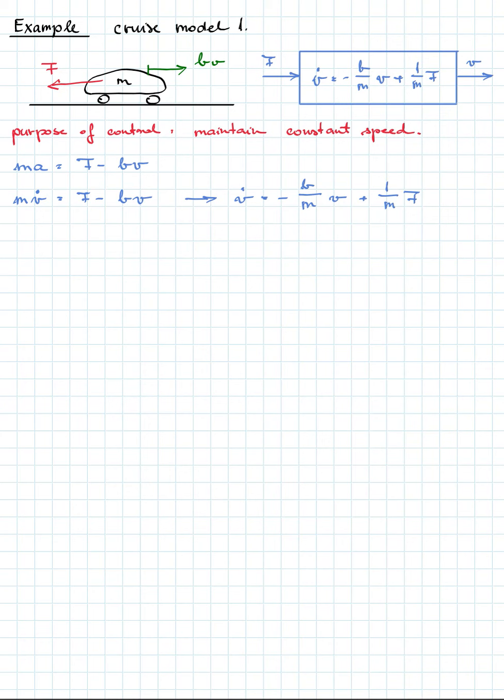At this point, the force F we are going to call the input, and the v, because it has got v dot in this equation here, we are going to call this variable later the state variable.